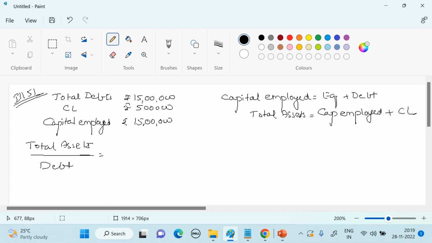So when you add that, you get total liability, which is the same as total asset. So we'll take the capital employed here, 15 lakhs, add to that the current liability of 5 lakhs. So we get total asset as 20 lakhs. Got it? Numerator 20 lakhs.